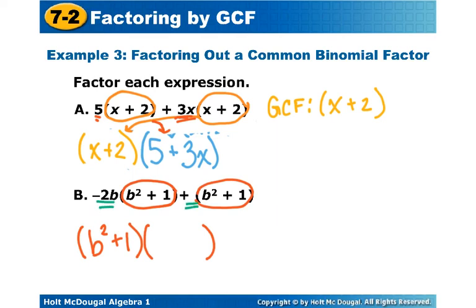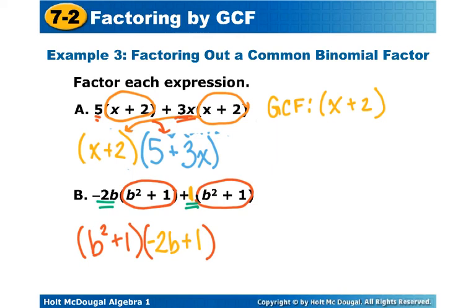Oh man, there is none there. Well, if there's none there, what's really there is the placeholder. So if you're saying if it doesn't have 1, give it 1, you are correct. So now, filling in my second binomial, I'm taking the terms that are outside and I'm writing them. So it would be negative 2b plus 1. And that's going to be your final answer.